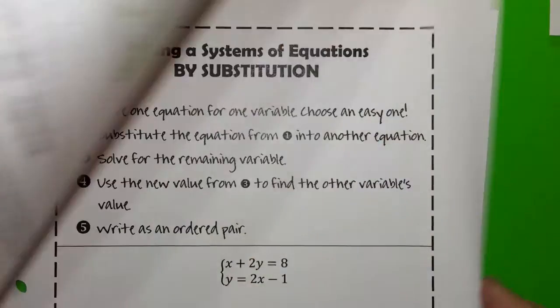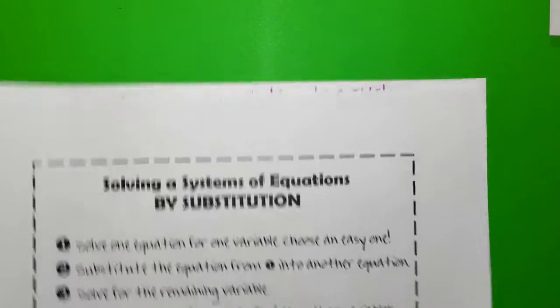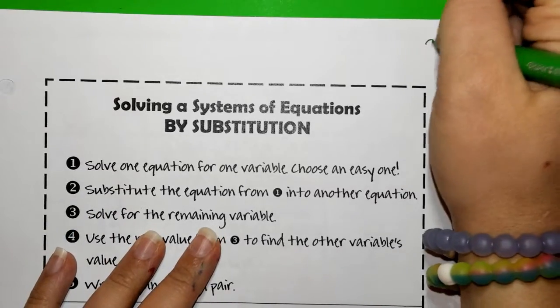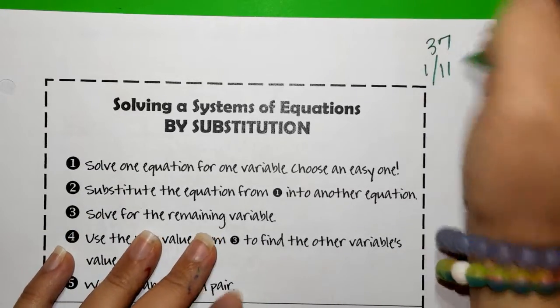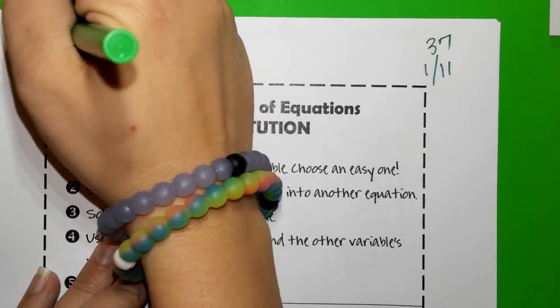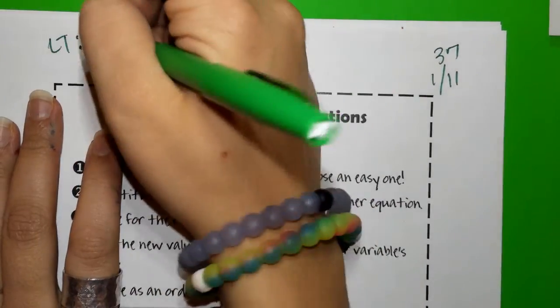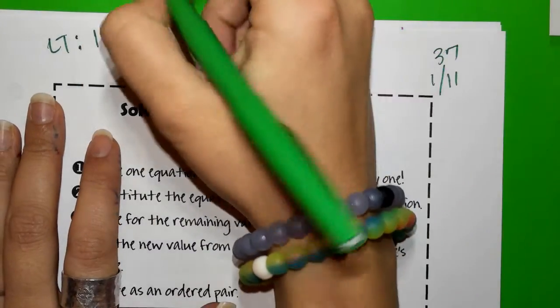Okay, so we need out the page that says substitution. We need to title it page 37 with our date and our learning target. Alright, so it's straightforward today.